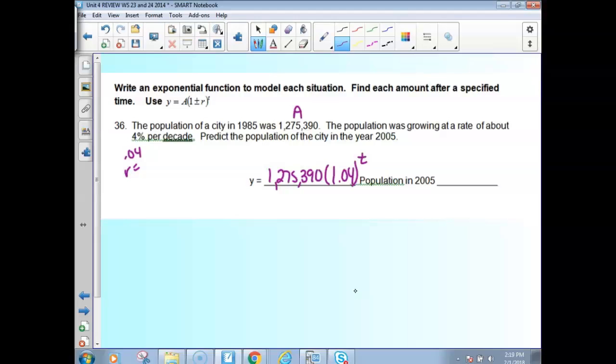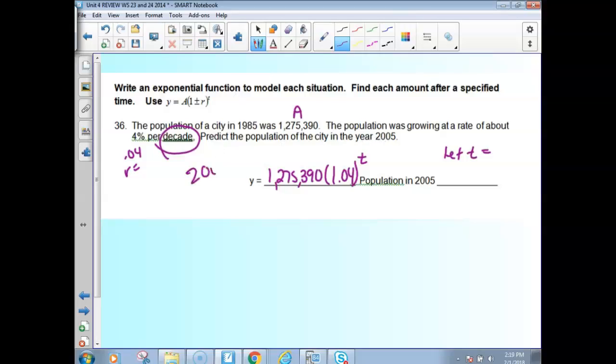The population in 2005, now you're going to let t equal how many? Oh, it says, by the way, check that out. It increases by 4% per decade. How many years have passed from 1985 to 2005?